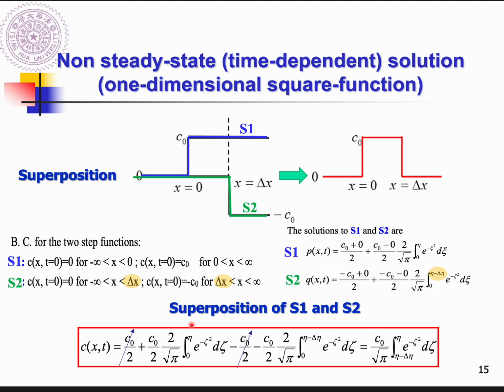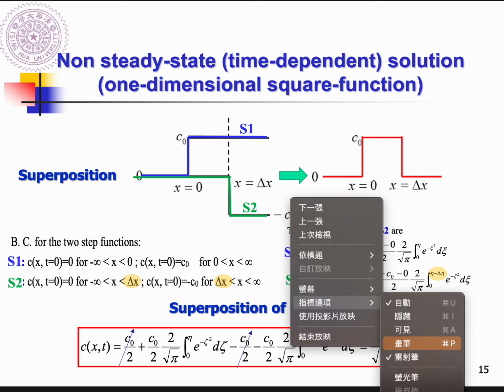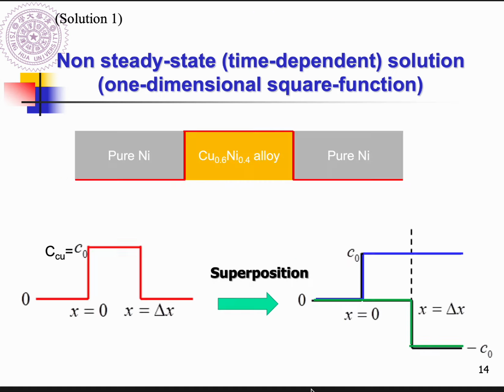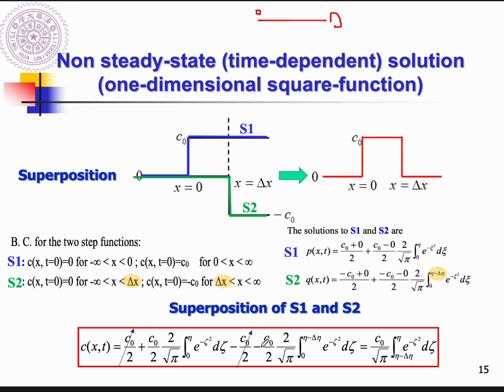The integral terms we just list here, but if you take a look, we can combine these two integral terms, right? The first one is the integral from 0 to eta of this term, and the second term is minus the integral from 0 to eta minus delta eta.